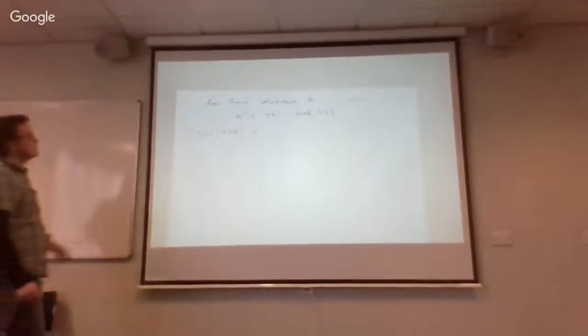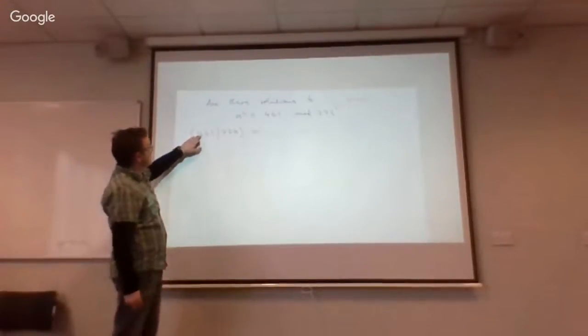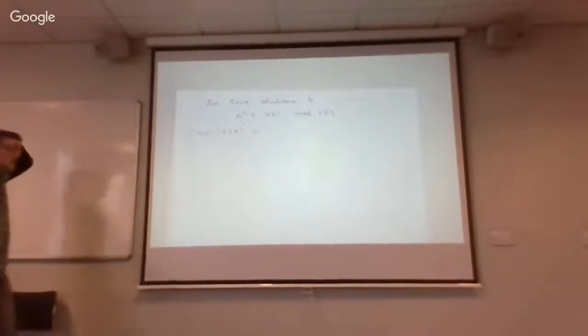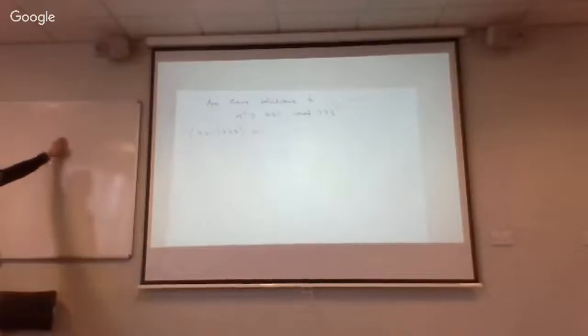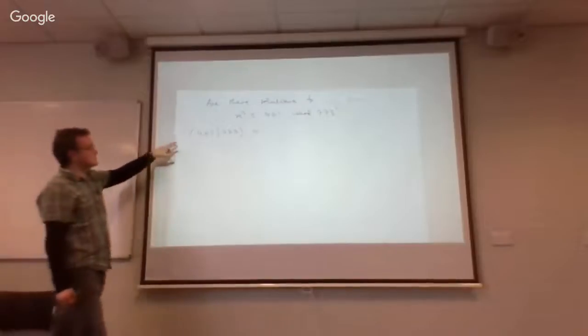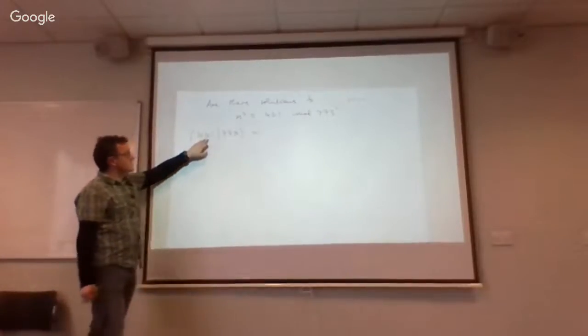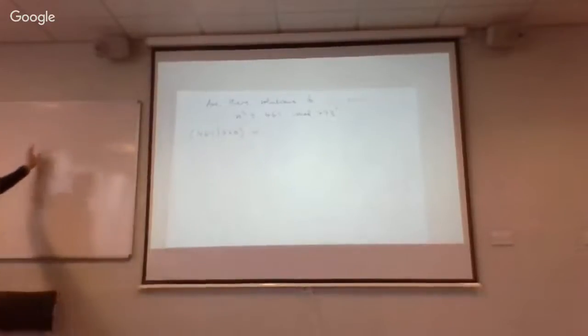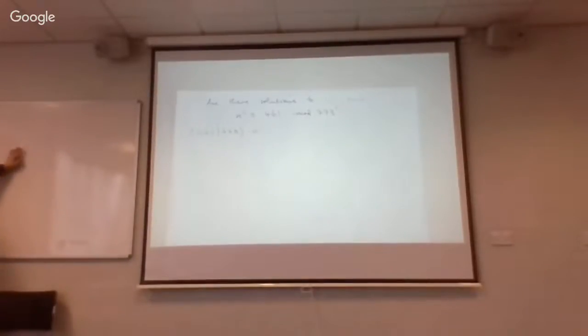Not divisible by 2. 3 goes in once, not divisible by 3. 4, 5, 6, 7 maybe. 7 into 46 goes 6 times, 7 times 6 is 42, minus 4. No, not divisible by 7. Divisible by 9? Someone factorize this on their phone or something.